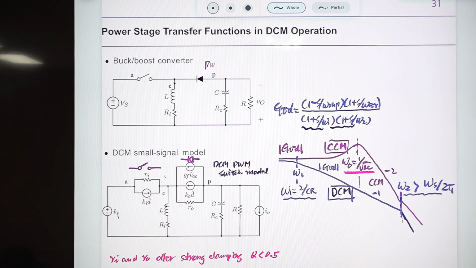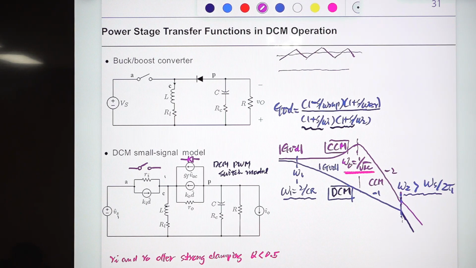And the simplest definition of that is the inductor current usually is continuous triangular waveforms for the buck converter case, something like this. And average value of this is IL, is IO for the buck converter case.